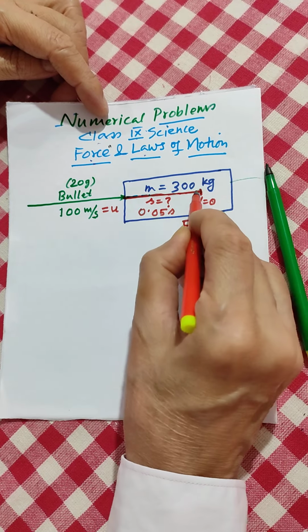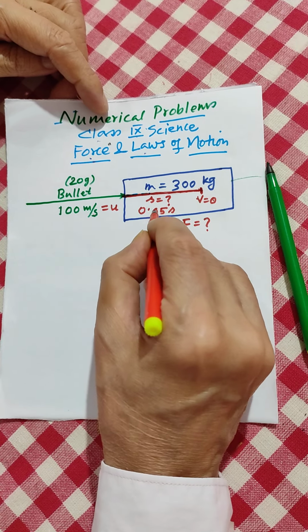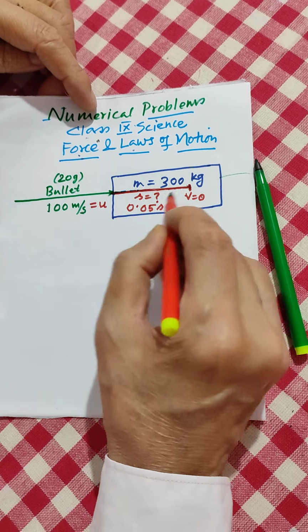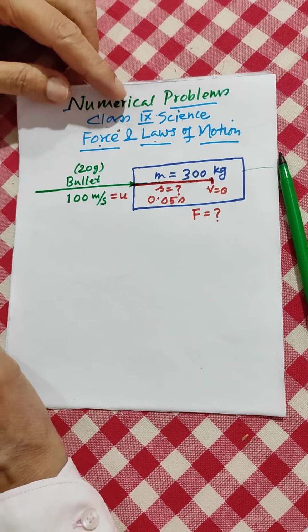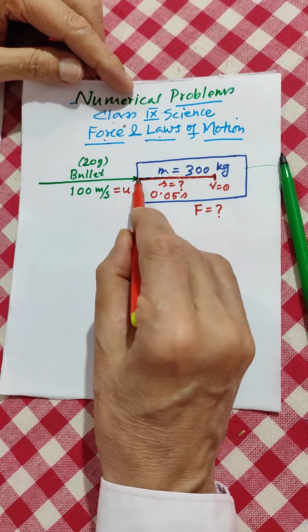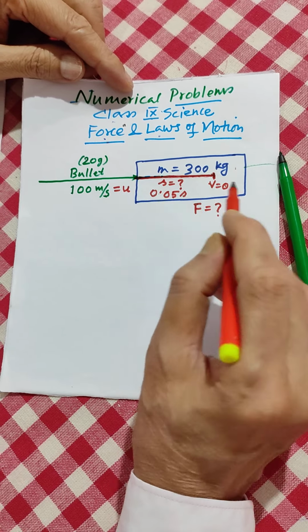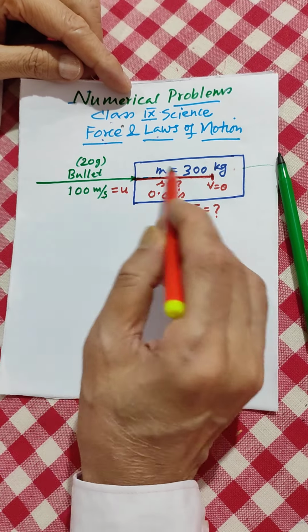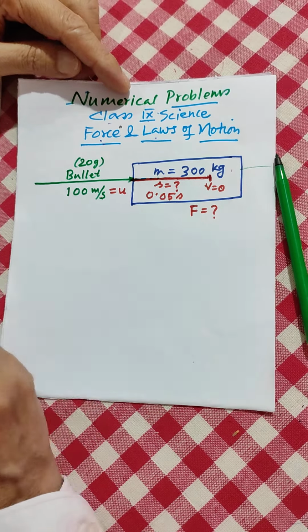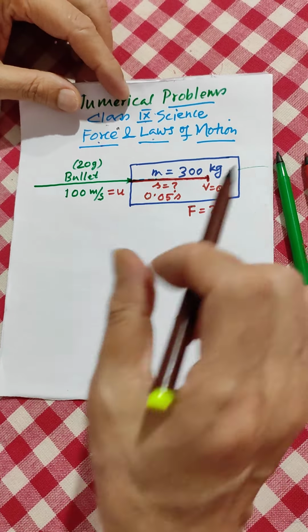From this position to this position, as the bullet moves, it takes 0.05 seconds. So with all this information given, you need to find the distance of penetration into the block, and the opposite force exerted by the block on the bullet. Now let us see how to solve this problem.